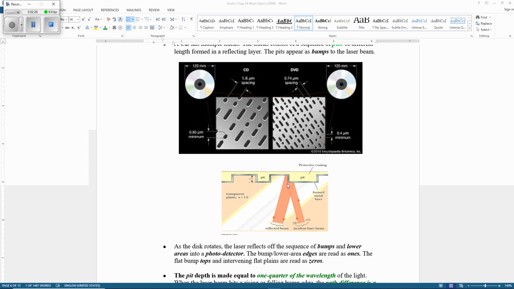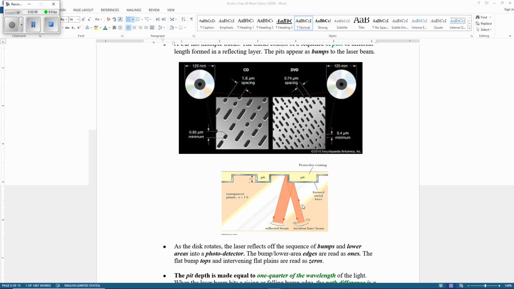That's 1/4 wavelength, a second quarter, so the distance traveled is different. Let's say beam 1 reflects this way and beam 2 reflects that way. The difference equals half a wavelength, so these two are going to cancel each other.